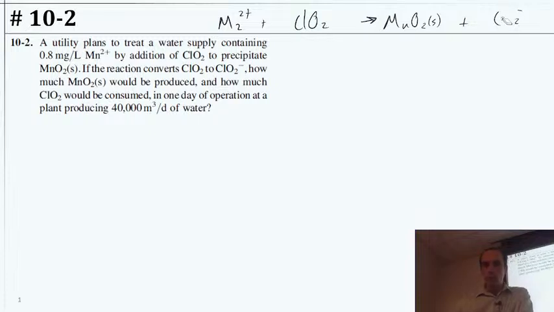So let me give myself a little more space here. All right, and the way we will come about that is we will see to balance the oxygen on the left side, we have Mn2 plus and ClO2, and then manganese oxide on the right. So having Mn, not M2.